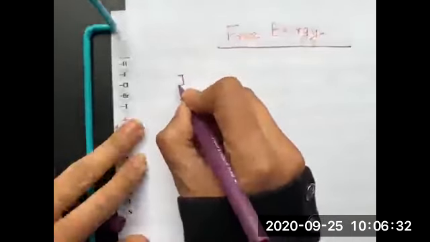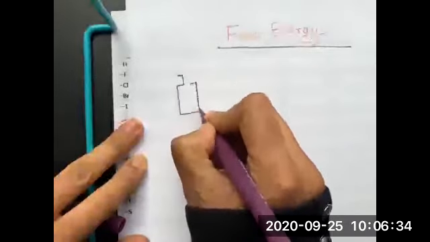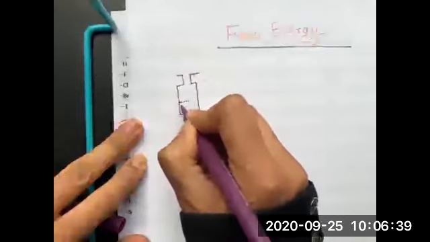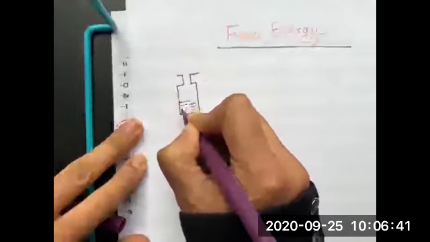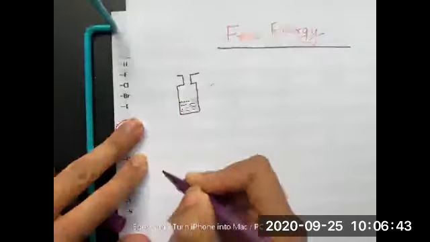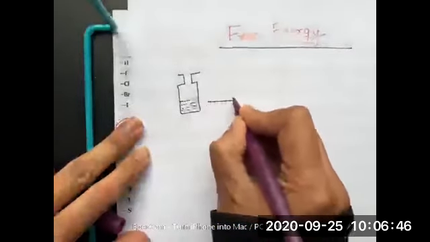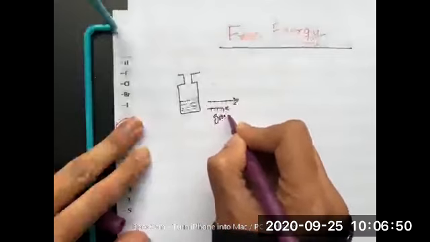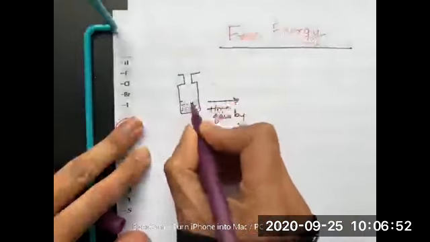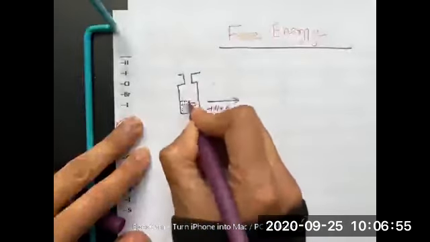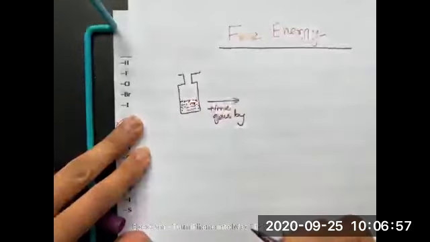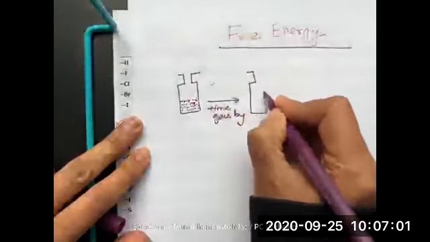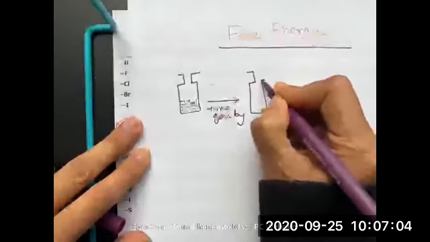For example, you might have a container with, say, perfume. Over a period of time, as time goes by, the perfume particles that are in the container are going to diffuse out, right?